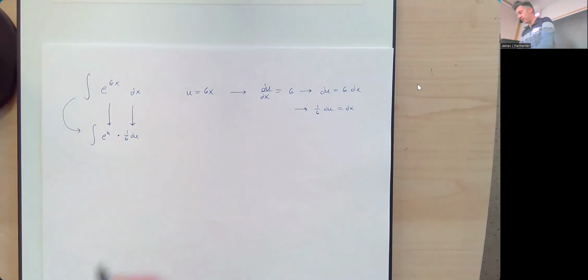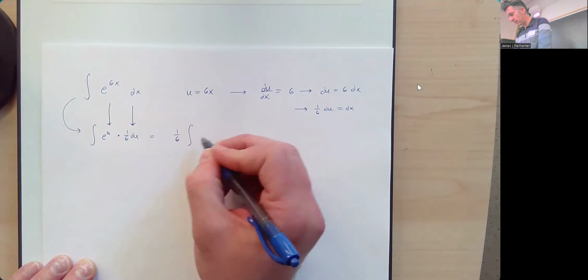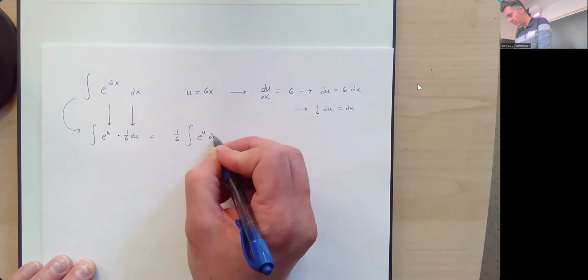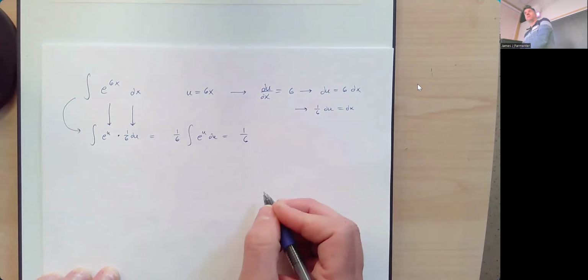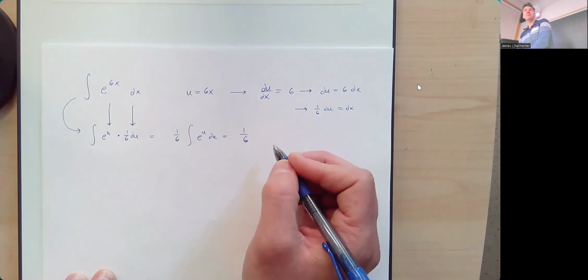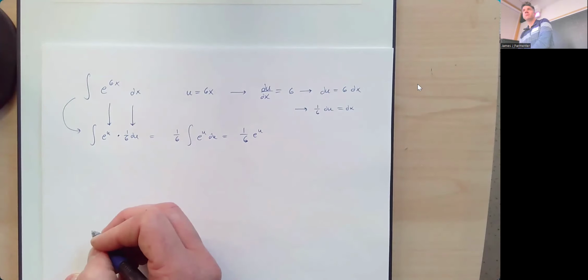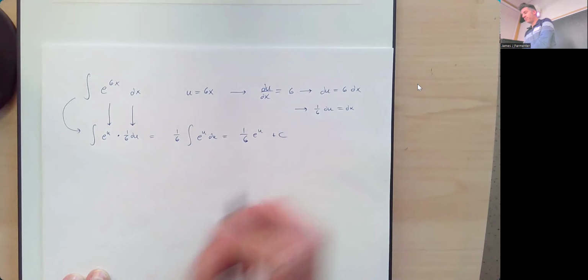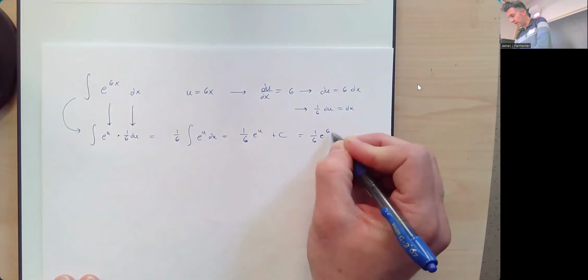I would pull out the 1/6, even though I don't really feel like you have to here, and do it as 1/6 the integral of e to the u du. What's the antiderivative of e to the u? Easiest one out there. It's e to the u. So we plug back in, and we get 1/6 e to the 6x plus c.